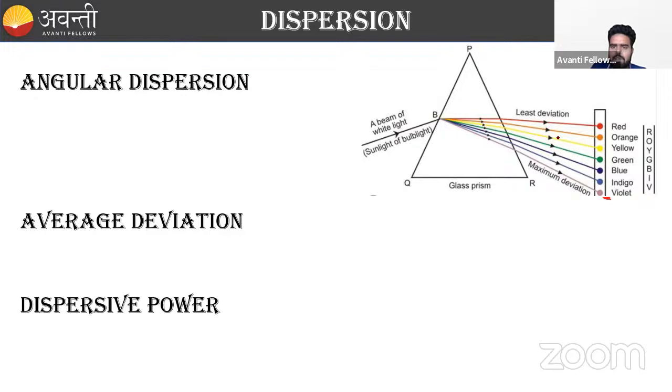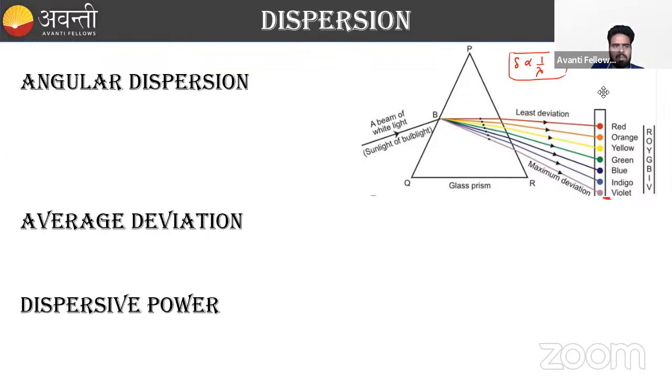This is what we observed in our formula, that delta is proportional to 1 upon lambda, and that is clear from this diagram. So this type of pattern is generally observed from the prism.